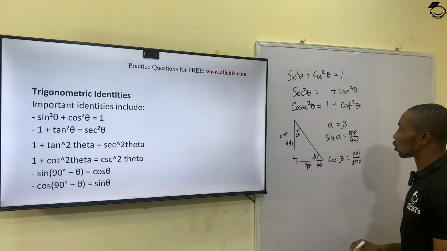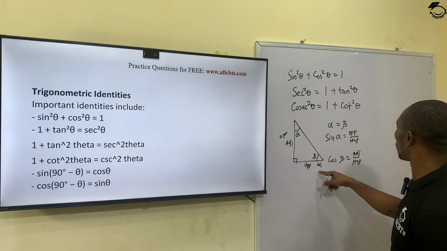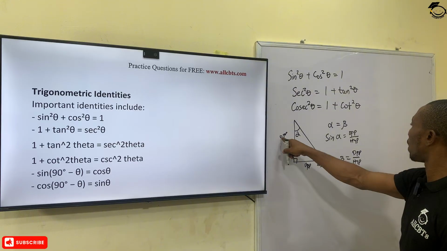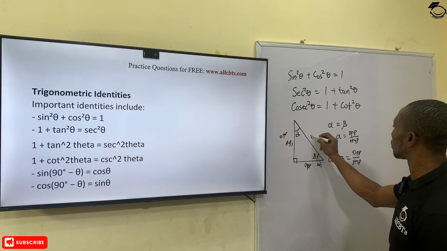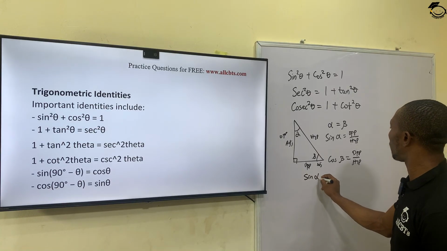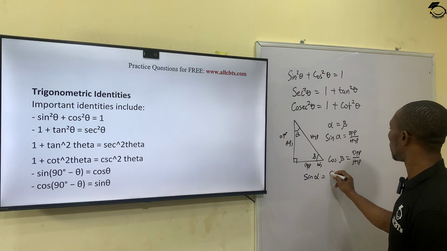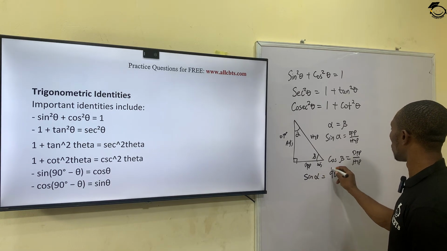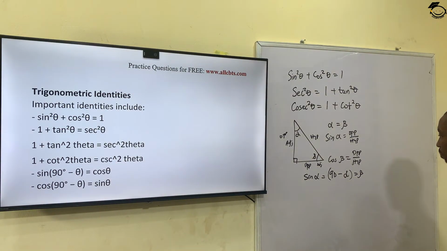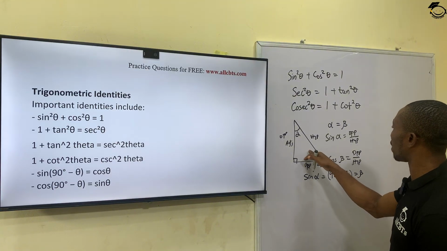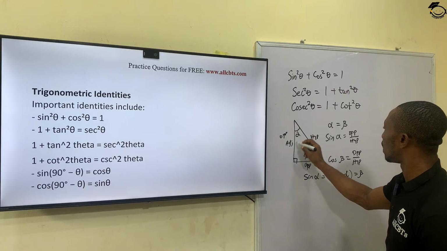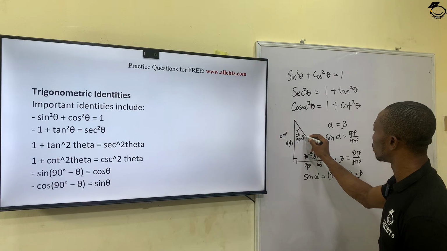Okay, so considering this, we have our opposite here, which is our adjacent for cos beta, and we have hypotenuse here. All right, so we can see that if we have sine alpha, we can get our beta to be 90 minus alpha. So bearing that in mind, that our 90 minus alpha will give us beta, so our beta will be 90 minus alpha, and our alpha will be 90 minus beta.